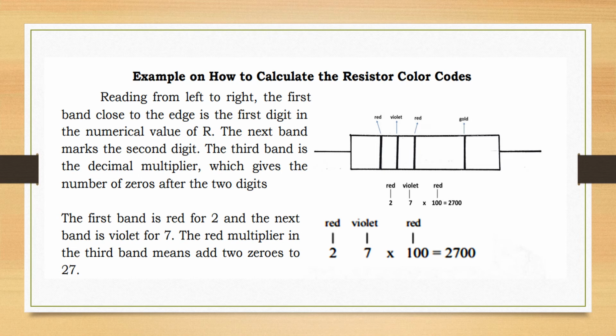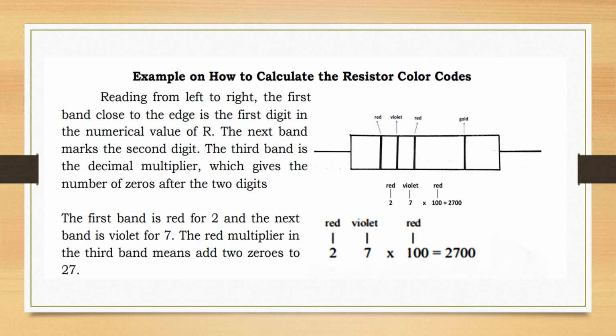So, an example on how to calculate the resistor color codes. The reading is from left to right. The first band close to the edge is the first digit in the numerical value of R. The next band marks the second digit.